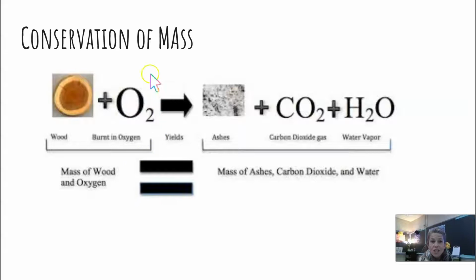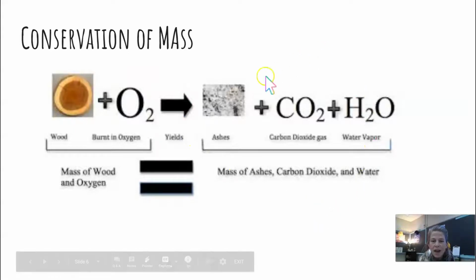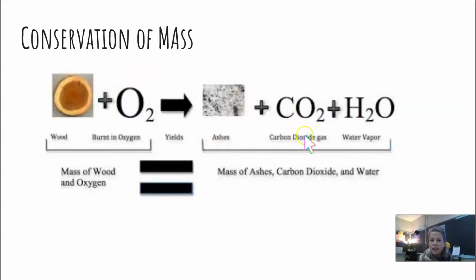So it's changed state, but if we were to look at the total mass of the ashes, the carbon dioxide gas, and the water vapor that came as a result from burning that wood, we would find out that the wood and the oxygen are equal to the amount of mass in the ashes, the carbon dioxide gas, and the water vapor that happen while burning.